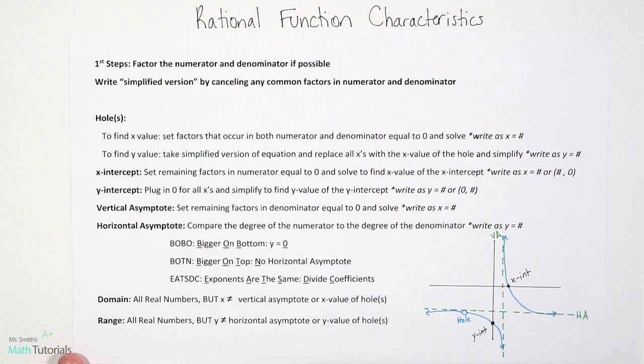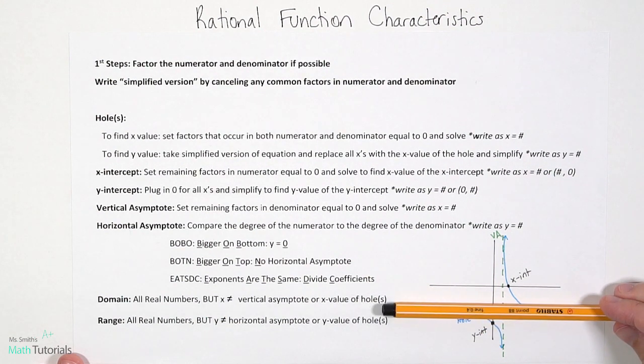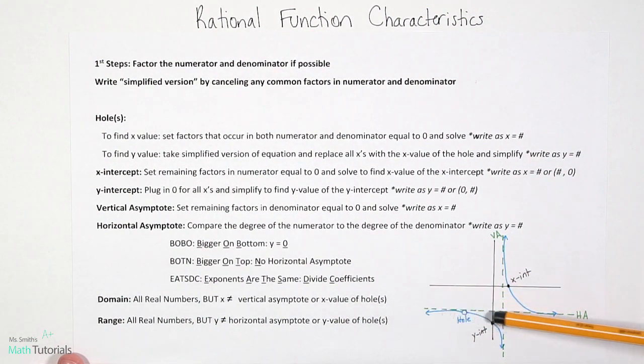So whatever is the number out front of the letter in the numerator and the number out front of your variable in the denominator, you just divide them. And if it reduces, great. And if it doesn't, then it's just a fraction. And when we get that number, we would always write it as y equals whatever the number is, because we're creating a horizontal line right there for our horizontal asymptote.